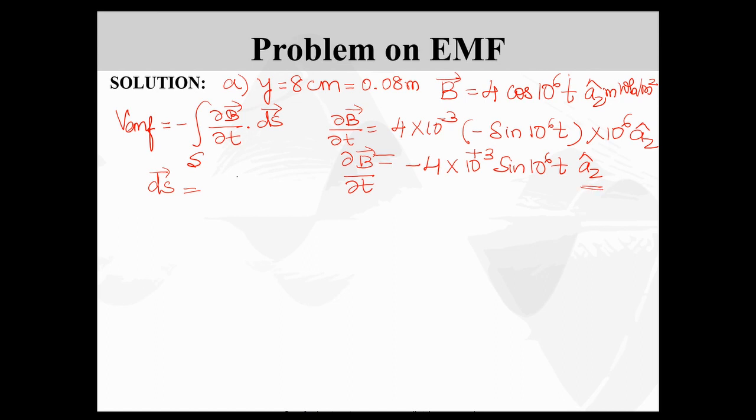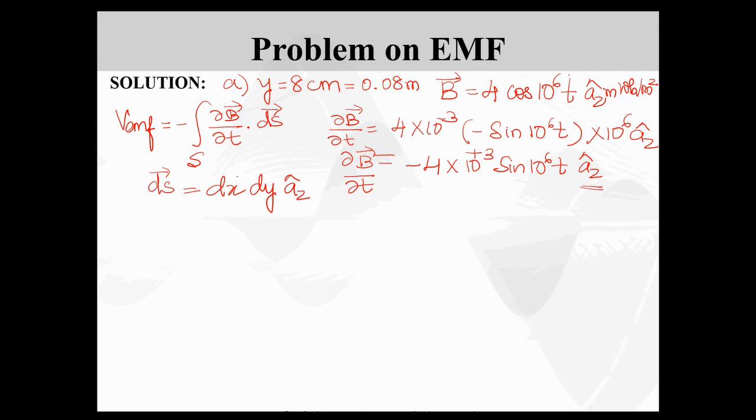So the surface along the direction of az, as we know already, is dy dx in the direction az. This is because the dot product should always lead to a maximum value whenever we are trying to find the surface integration. Therefore, the surface that will contribute to induced EMF is dx dy in the direction of az.